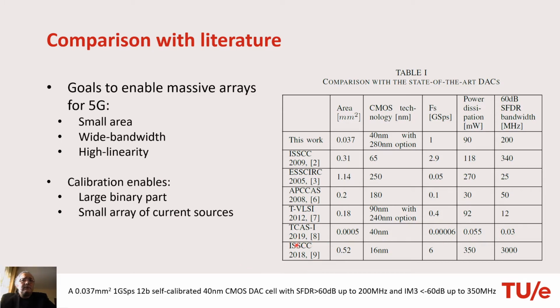If you look at some recent publications in a very advanced technology such as 16 nanometers with amazing performance, still the area that is needed is about 10 times bigger than ours. And this is even though the difference in the technologies, 16 nanometer versus 40 nanometer, but effectively implemented at 250 TOPS. And the major difference, of course, is the choices about the architecture. So our binary architectures, and the calibration, of course.